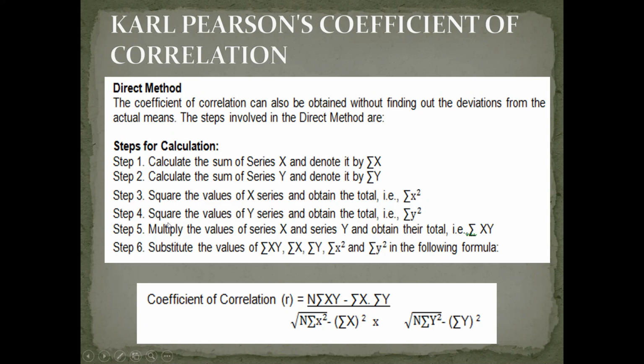Step 4: square the values of the Y series and obtain the total as summation Y square. Step 5: multiply the values of series X and series Y and obtain their total as summation XY.